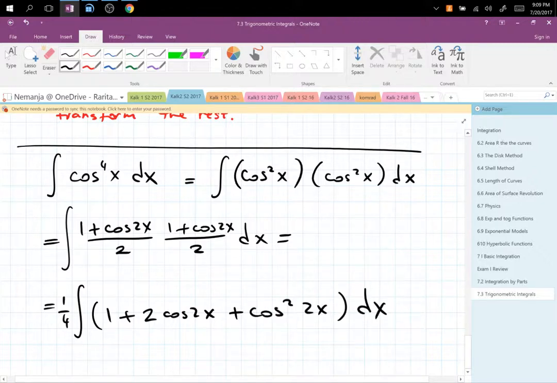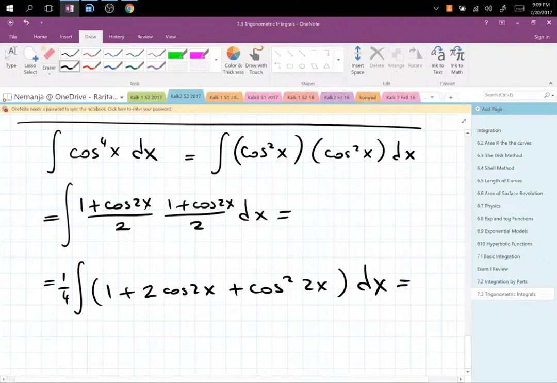And then you notice that you still have one term that is squared, so it's power reduced again. So the higher the exponent, the more power reducing there is.